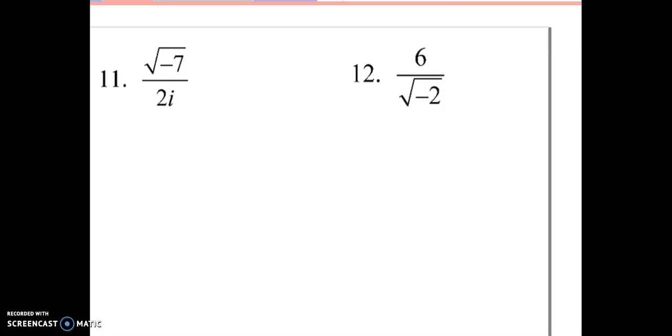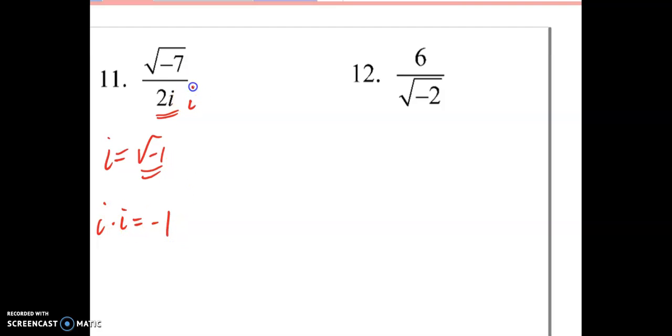The last problem I'm going to do is this one. What we just remember is i really represents the square root of -1, which means if it's a radical, we cannot have i's in the denominator of a fraction, just like we can't have a radical in the denominator of a fraction. Well, we know i times i gives us -1.